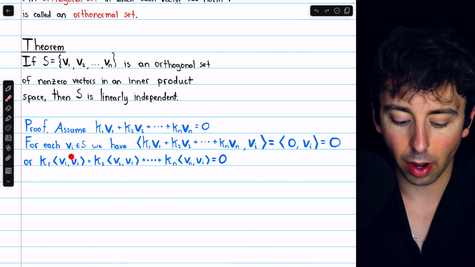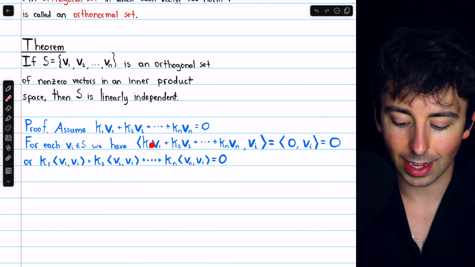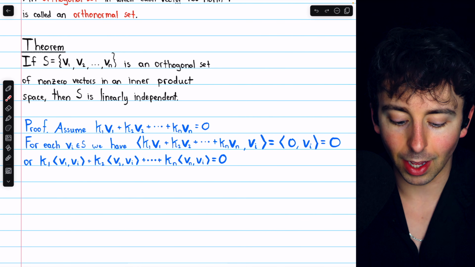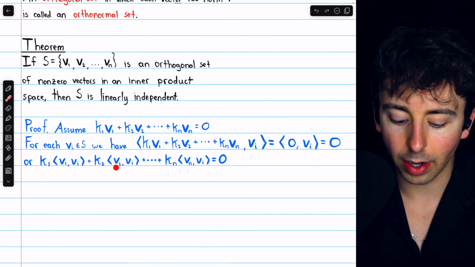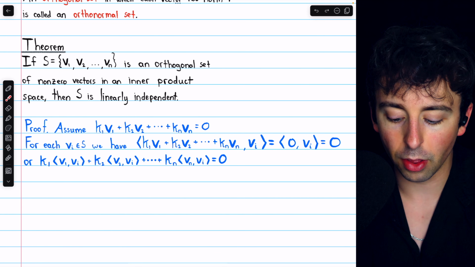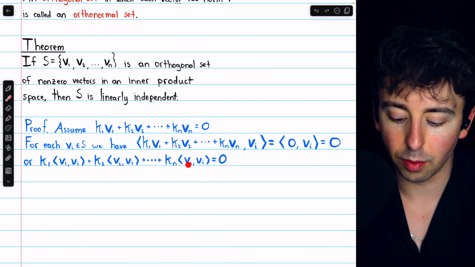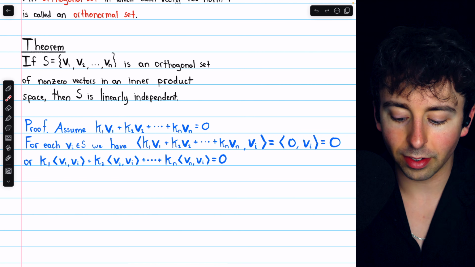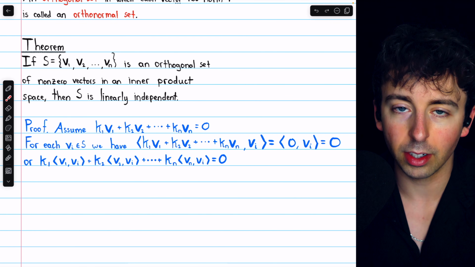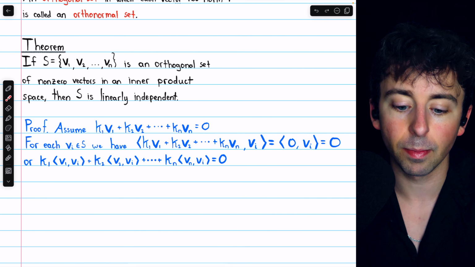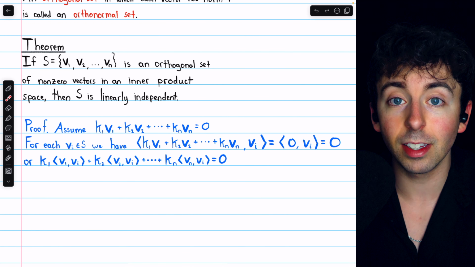K1 times the inner product of V1 with Vi, that's taking this term, plus K2 times the inner product of V2 with Vi, that's that term, and so on, all the way up through Kn times the inner product of Vn with Vi. Of course, since this inner product was equal to 0, this equal inner product, which we've split up by additivity, is also equal to 0.